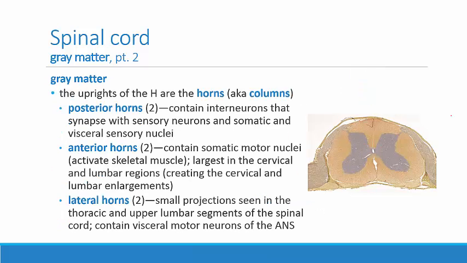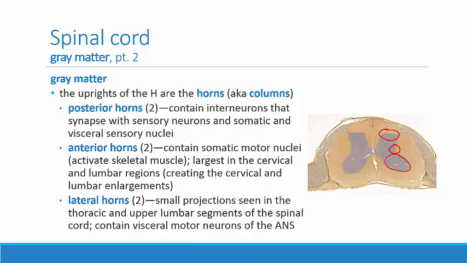We also see what are referred to as horns. These are columns of gray matter. Here's the posterior horn, the anterior horn here, and then the lateral horns are right there.